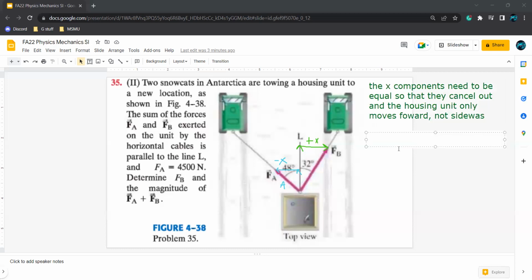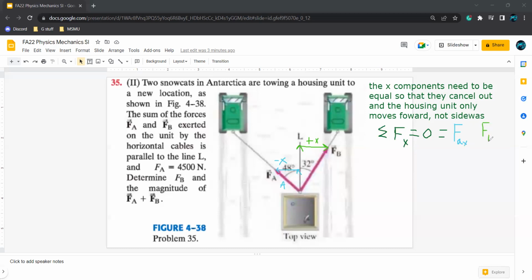So then that means that sigma f of x is equal to, these color coded, f a of x and f b of x.